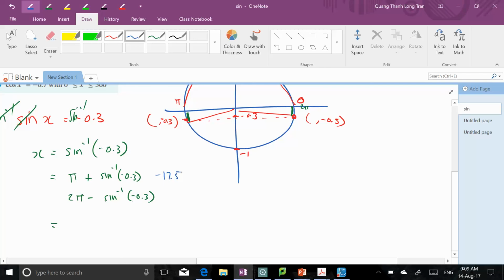Did you guys make sure it's in radians? Make sure it's in radians. So remember, if you're working with radian values, make sure you use radian values. If it's degrees, use degrees.